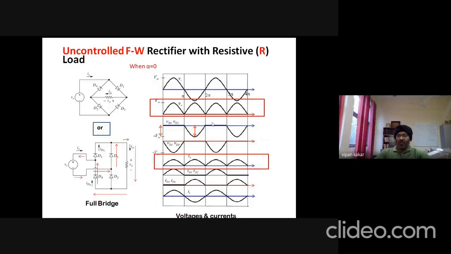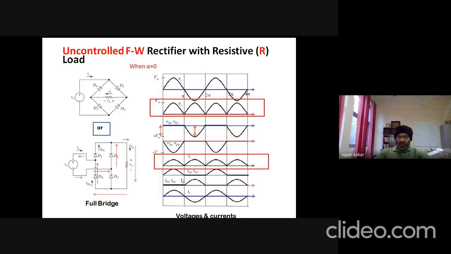So we call it a full wave rectifier. In half wave rectification, from 0 to pi we have a pulse at the output, but we do not have any pulse from pi to 2 pi. So it was a one pulse rectifier. This is a two pulse rectifier, using diodes or using thyristors with alpha equal to 0.